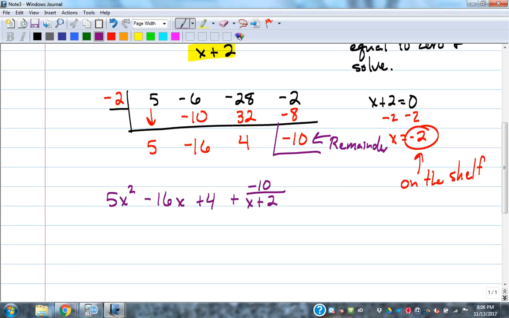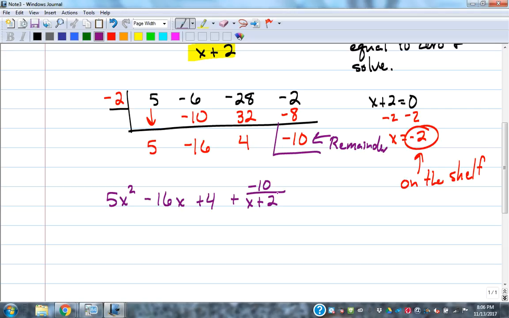So we go from 5x cubed to our quotient being 5x squared. It always takes it down 1. Because you think about it, you're dividing an x cubed by plain x. X cubed divided by x is x squared. So that's why we ended up here. We got 5x squared minus 16x plus 4 plus the remainder over what we divided by, just like we did in long division.